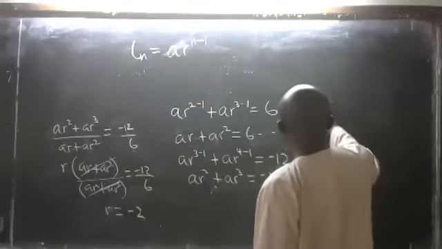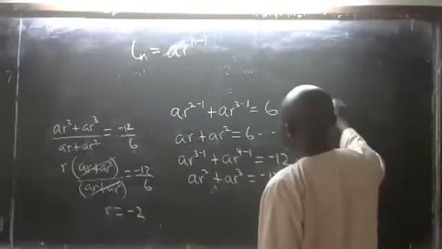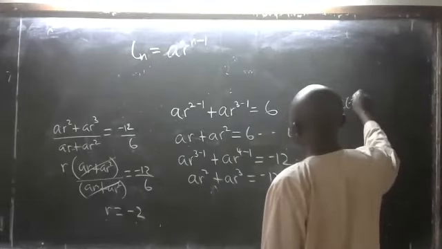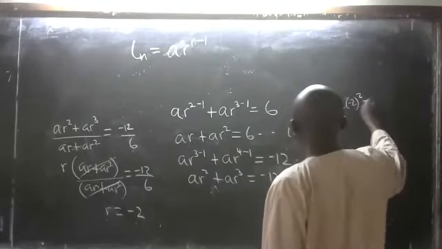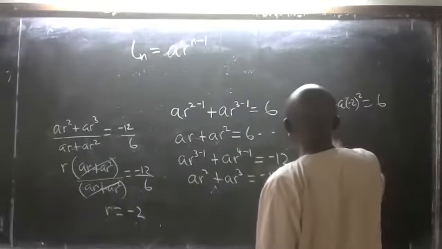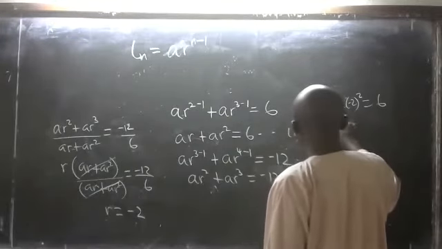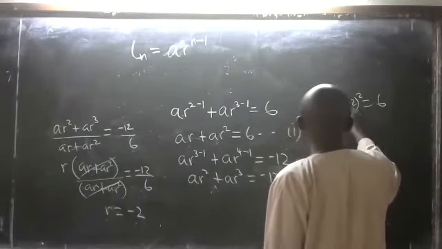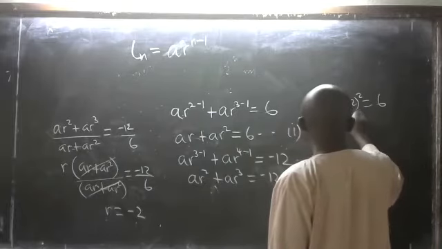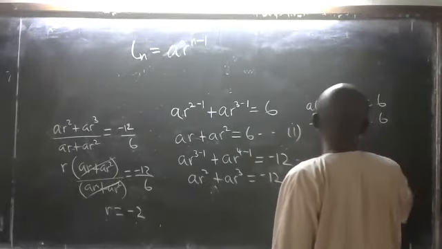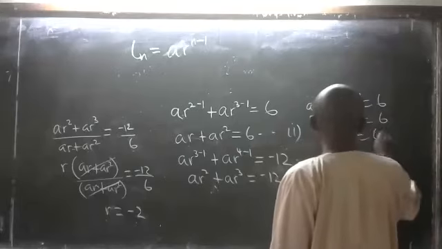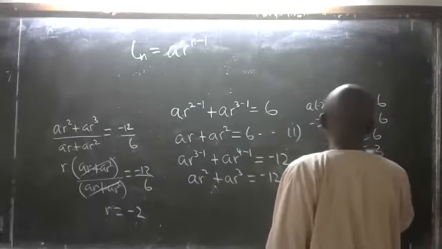If I have A times negative 2 plus A times negative 2 power 2 is equal to 6, so I have negative 2A plus 4A is equal to 6. So 2A is equal to 6. So A is 3.